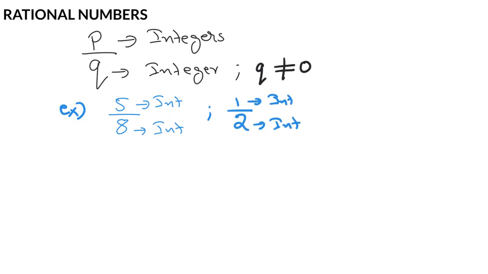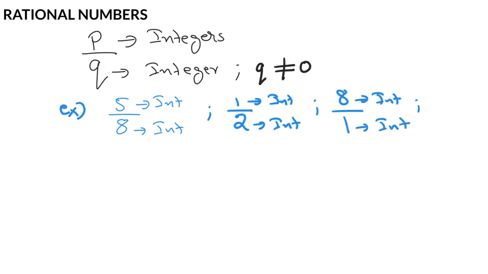Therefore, 1 over 2 is a rational number. Okay. What about 8? Think. Can I write 8 as 8 over 1? It's the same thing. So, is 8 an integer? Yes. Is 1 an integer? Yes. So, is merely 8 a rational number? Yes. So, now you get an idea of what rational numbers are.